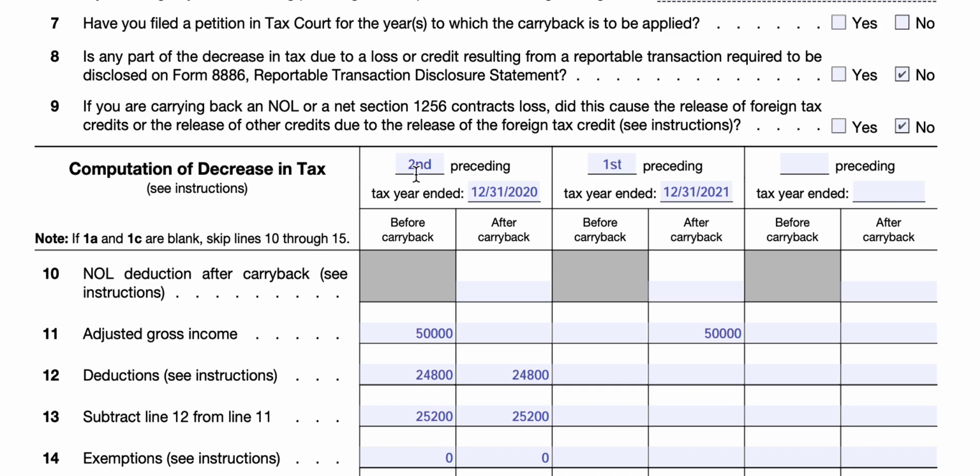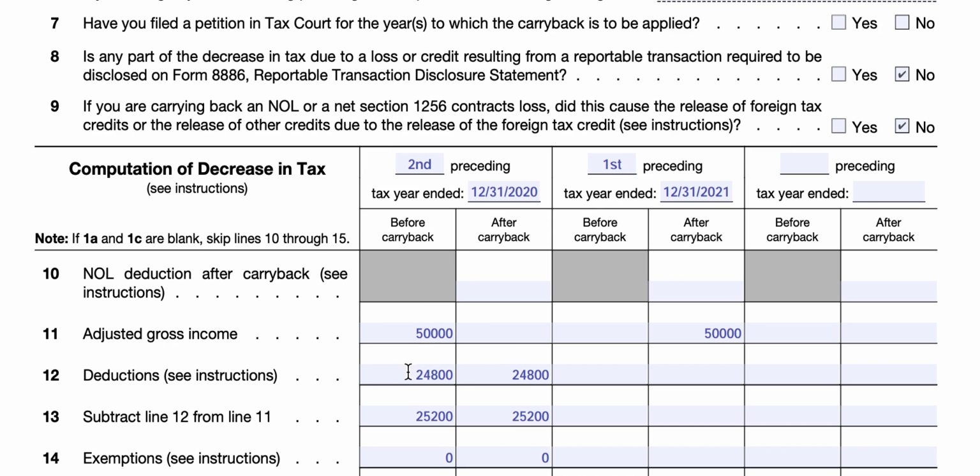So starting with the column on the left, you would need to use the IRS instruction rules for how carrybacks are entered. And again, there's a general rule about not carrying back NOLs that came to light in 2022. One of the exceptions is farming loss income.